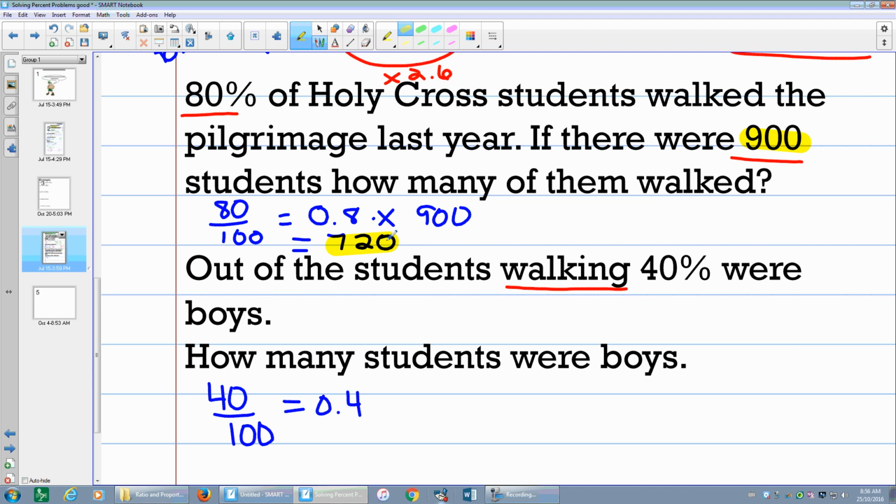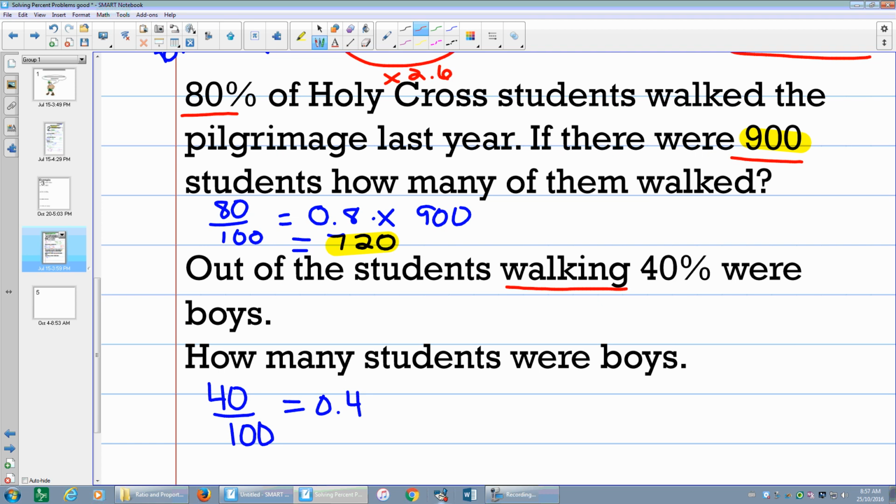It says 900 students, if there were 900 students. So that's talking about the total population. Well, the question says, out of the students walking, 40% were boys. That 900 really isn't applicable there because the 900 is talking about the total population instead of the students walking. The 720 is the number we figured out to find how many of them are walking.